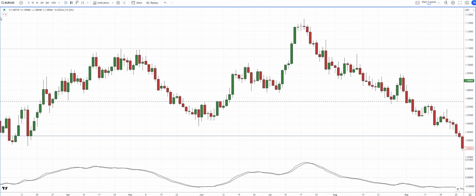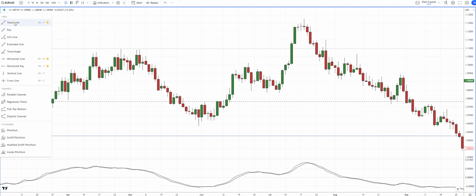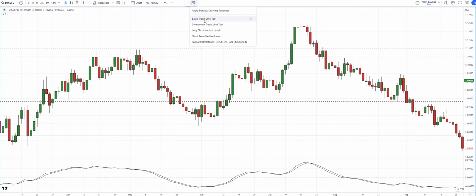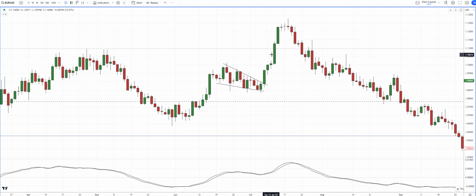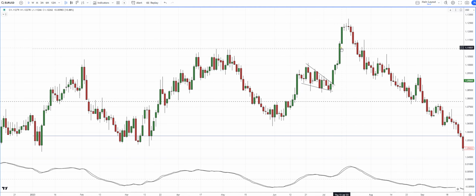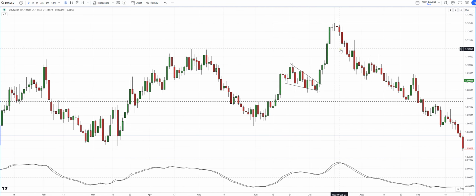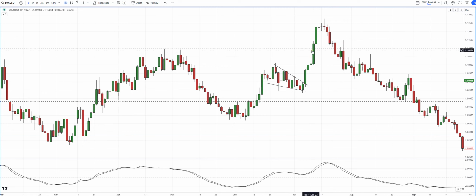And if I take my tool the way I have over here, this is my basic trendline tool. You can see this was the reason for the trade, right? And this was a nice move to the upside. So it did go much further than the median level, but I ended up taking profit here.